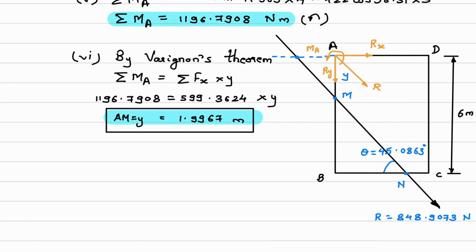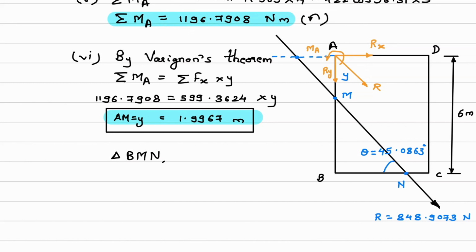Next we have to calculate this BN. In order to calculate BN, we'll consider triangle BMN. In this triangle, this angle is known, and from there we can calculate BN using trigonometry. So first we will calculate BM, which is the opposite side of theta.